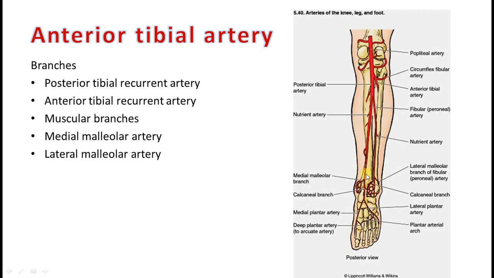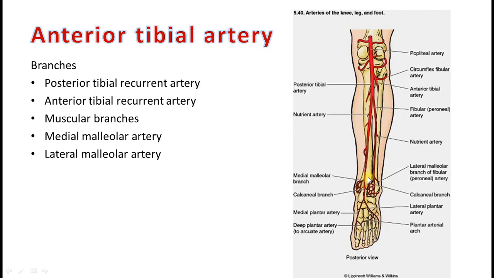The lateral malleolar branch anastomoses with the perforating branch of the posterior tibial artery and the lateral tarsal artery, forming the lateral malleolar network. So the medial and lateral malleolar networks are anastomoses around the ankle joint.